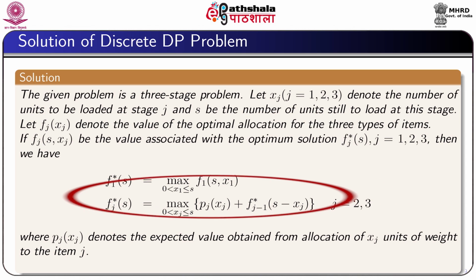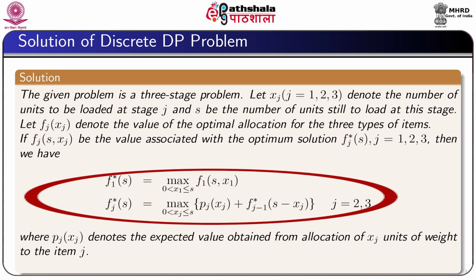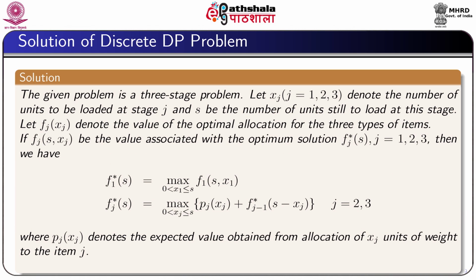f1* is equal to the maximum of f1(s, x1), where x1 takes the value 0 ≤ x1 ≤ s, and fj* is equal to the maximum of pj(xj) plus f(j-1)*(s - xj) for j equal to 2 and 3.